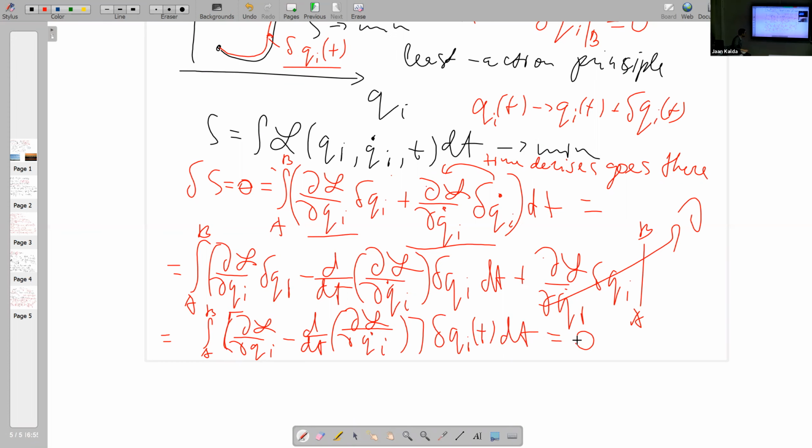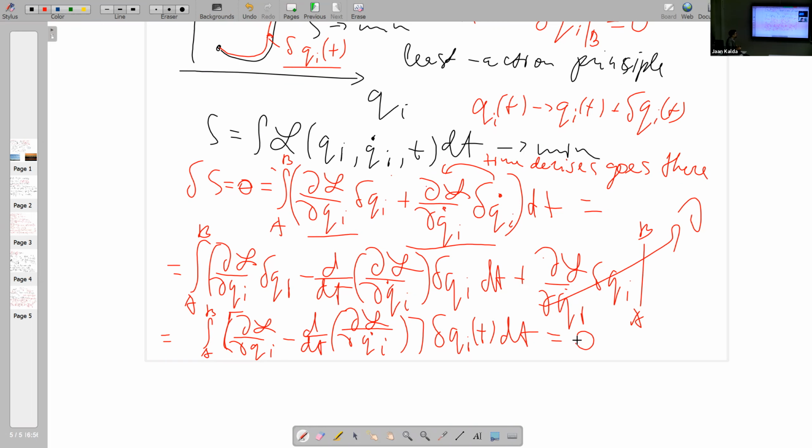And now let us analyze what we have. First of all, we have here different i's and a sum over all the i's. And then we have something in the braces which is fixed, but delta qi is a variation. It can be anything. But this whole expression must be 0 for whatever variation of the coordinates q of t we have.